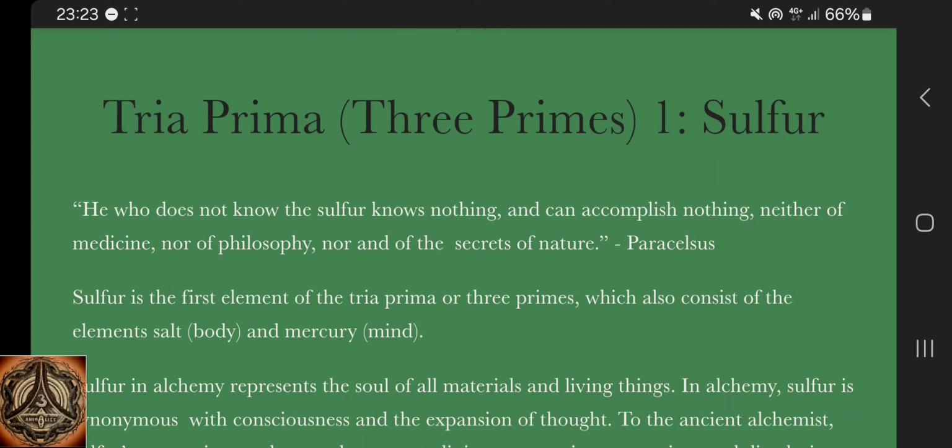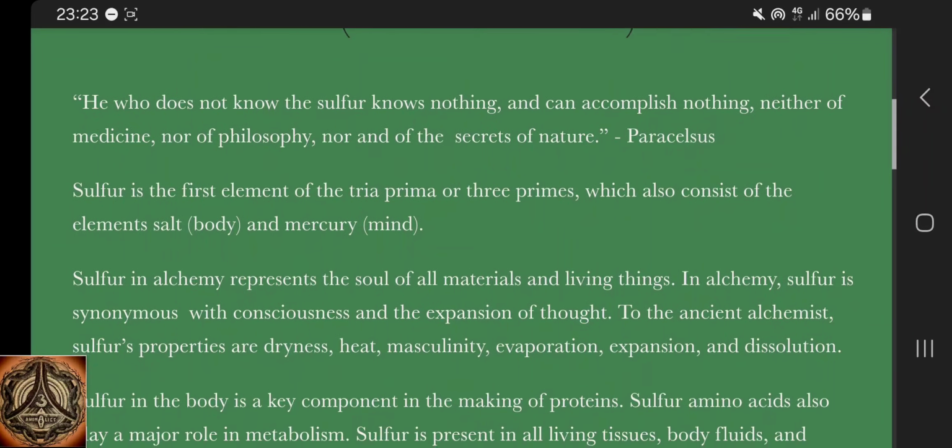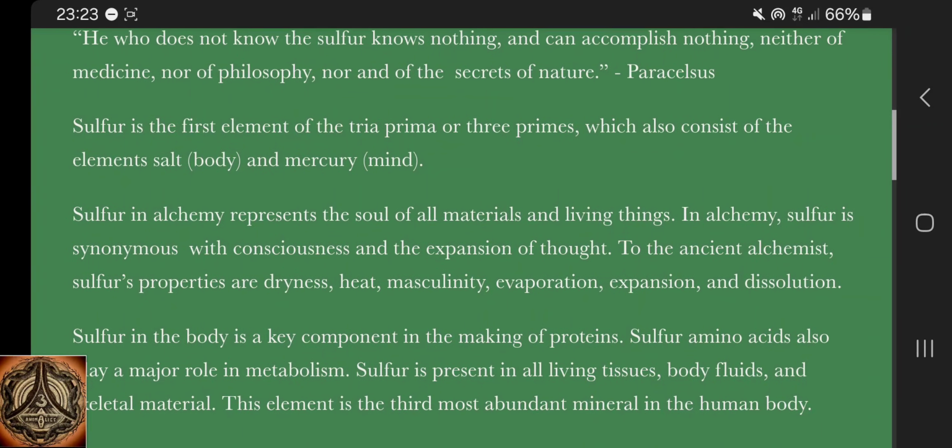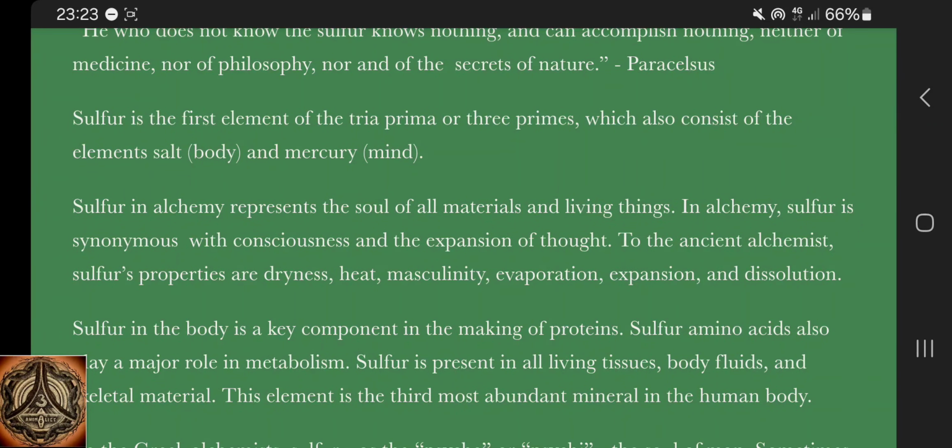Sulfur is the first element of the tria prima, or 3 primes, which also consists of the elements salt, body, greetings to Ben, and mercury, mind. So it's up to each one which element you choose. I choose sulfur a long time ago.